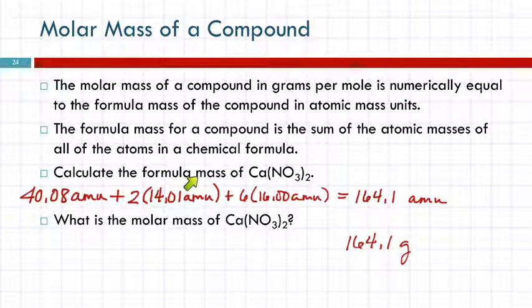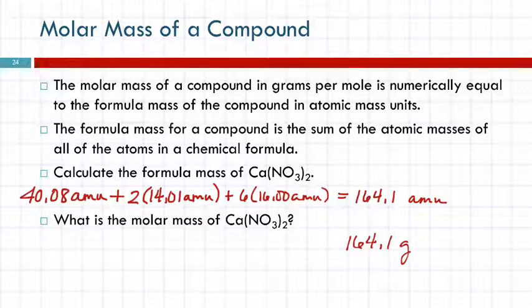Here, formula mass, we're talking about 1 unit containing 1 calcium atom, 2 nitrogen atoms, 6 oxygen atoms. Here we're talking about the molar mass, the mass of 1 mole of this compound. So 1 mole of calcium, 2 moles of nitrogen, and 6 moles of oxygen. The numbers are all the same, you just change the unit.